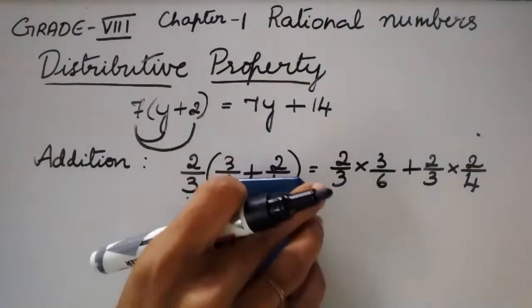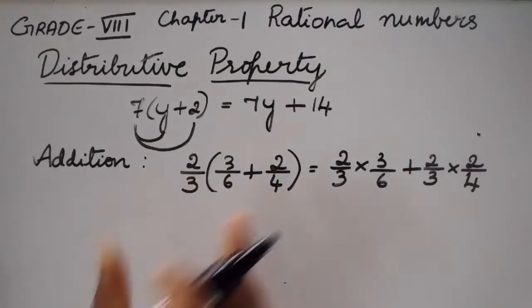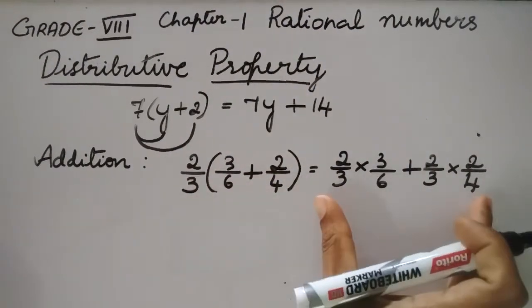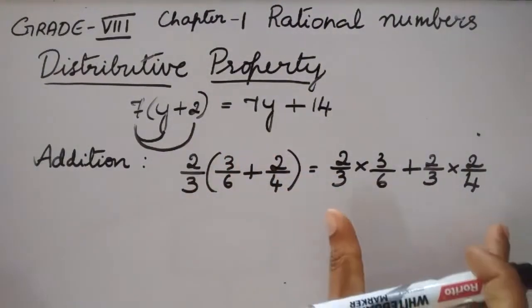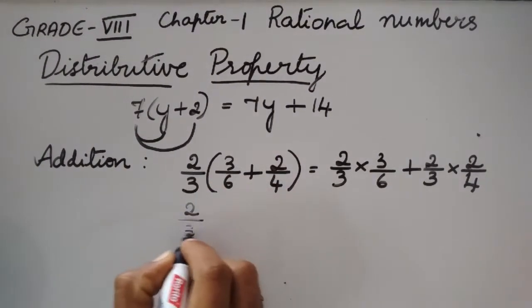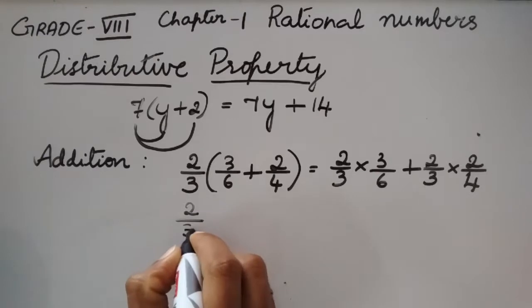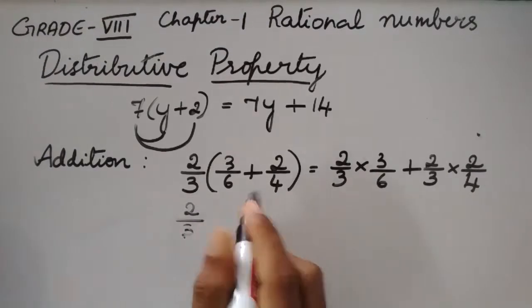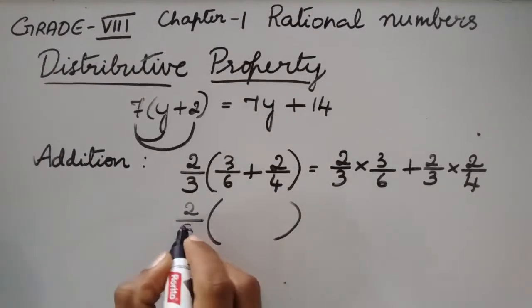Now let us solve the LHS part. This is LHS and this is RHS, left hand side and right hand side. So here 2 by 3, let it be as it is, and let us solve what is there inside the bracket first.